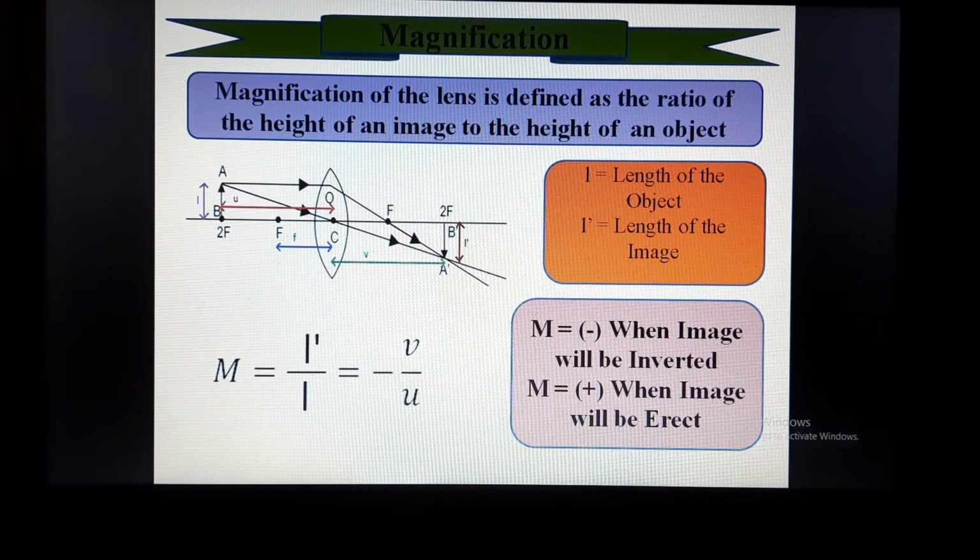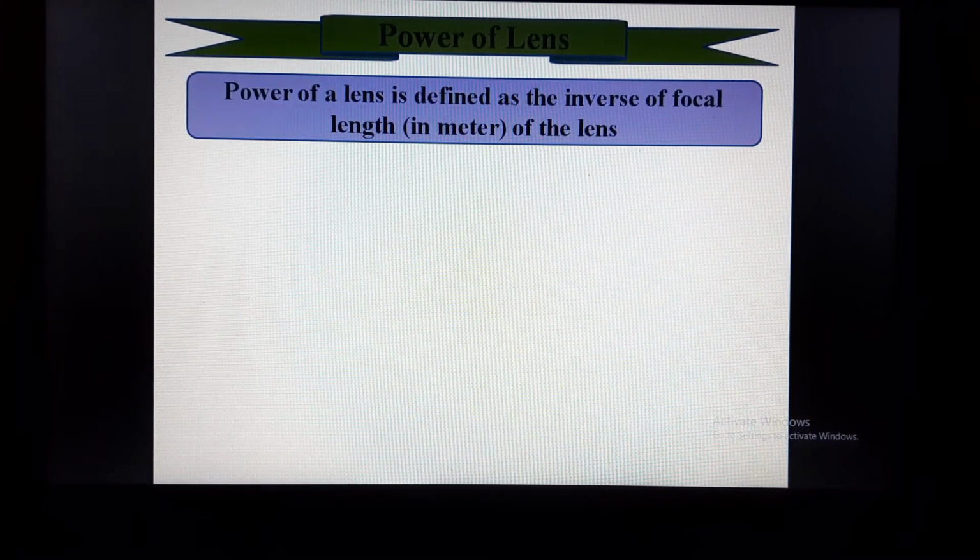Okay, so boys, our next topic is power of lens. So what is called power of lens? Power of lens is defined as the inverse of the focal length in meters of the lens.